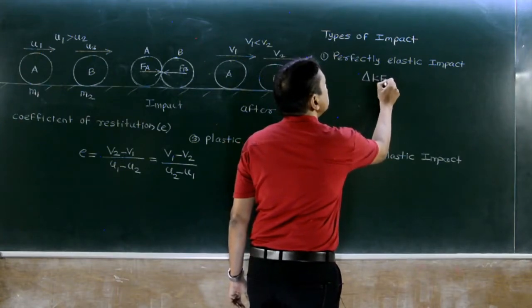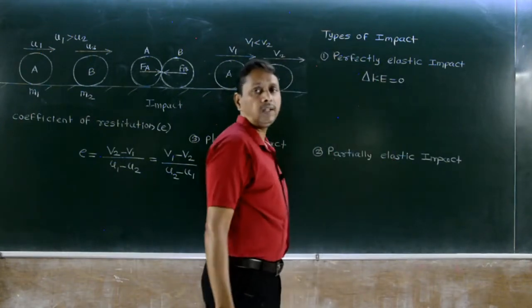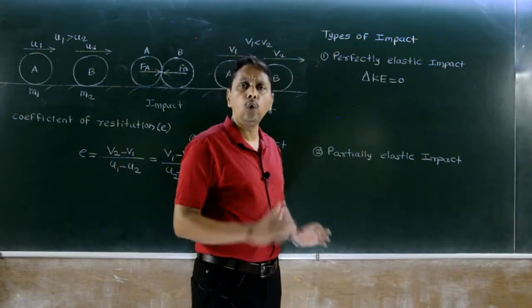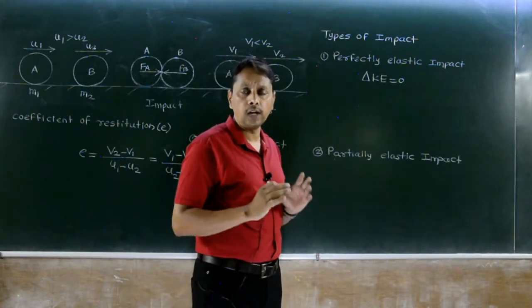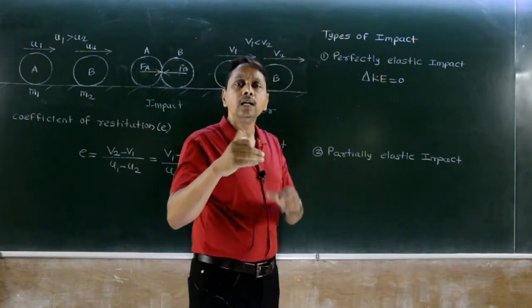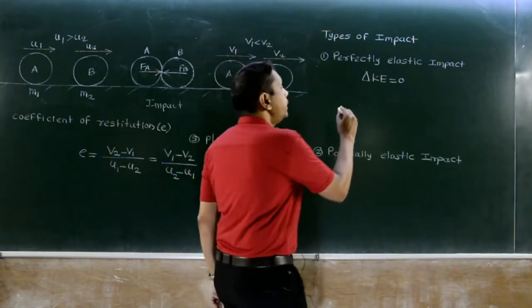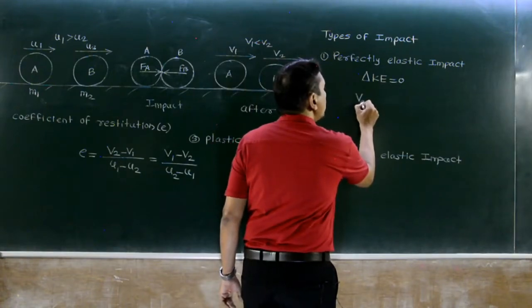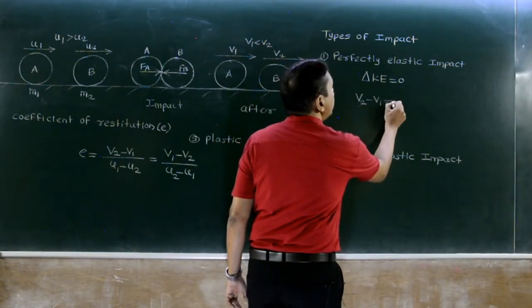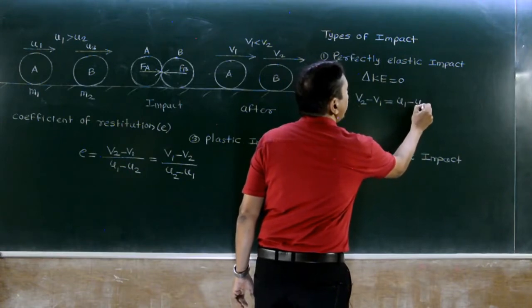Delta K is 0. No loss in kinetic energy. Understood? Because the body recovers 100% from deformation. The relative velocity of separation, V2 minus V1, is equal to that of approach, U1 minus U2.